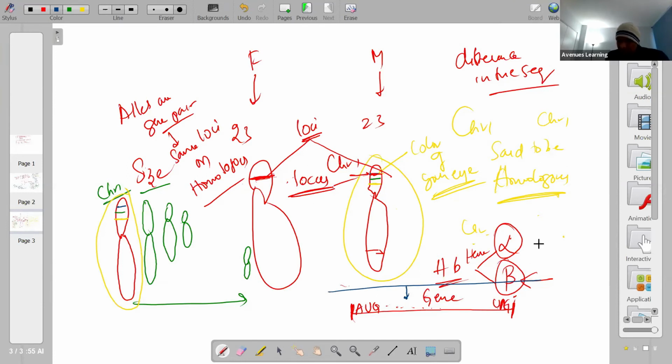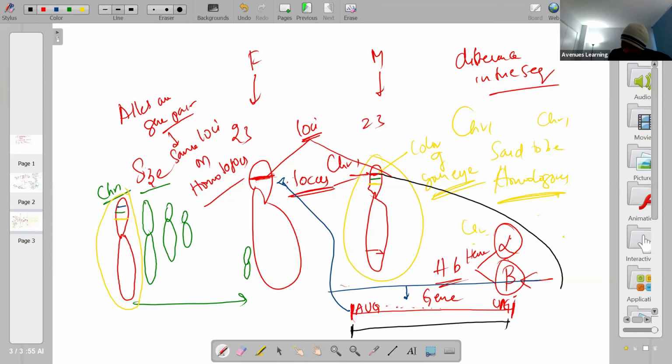So what we are trying to say here is, let's say this is from the father. Let's say the mother's sequence is also there on the same exact loci, coding for the beta globin protein of the hemoglobin, but there might be some difference.